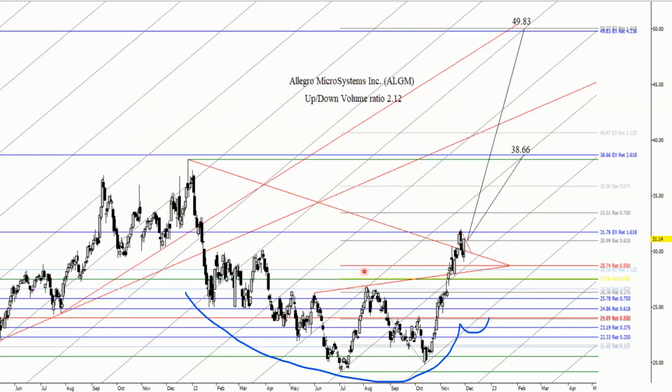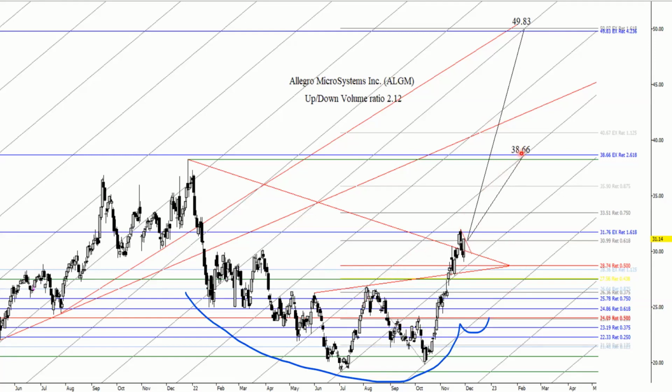Now here's what's interesting. Remember that trend line that I used to determine my broken pattern? I'm still going to use that trend line. Those trend lines come into play. Look where that trend line is taking us right now. That trend line's taking us right up to my Fibonacci expansion number at 49.83. Here's the other significant number right now, taking us beyond my Fibonacci number right here. But where it is crossing right now, if you notice these lines, these are Andrews Pitchfork lines that I put in my charts too.